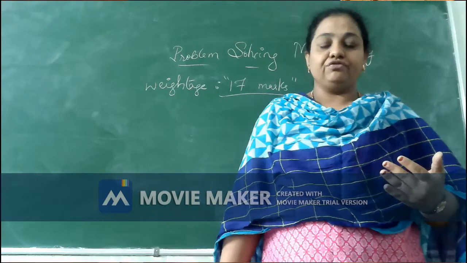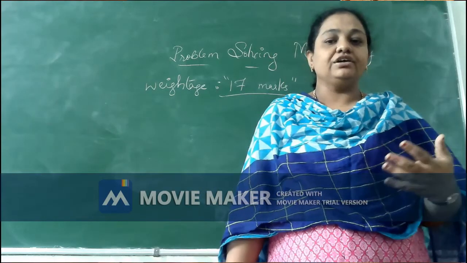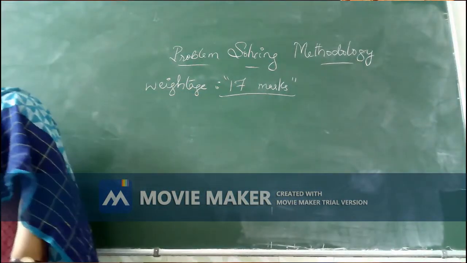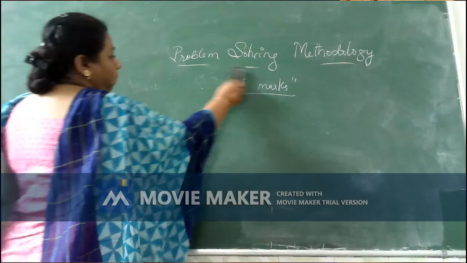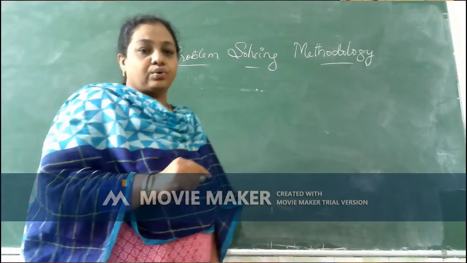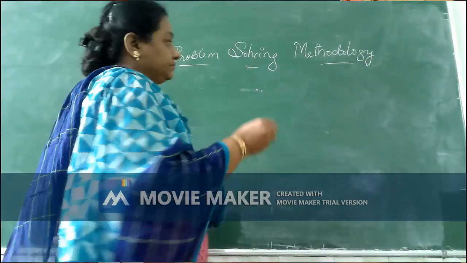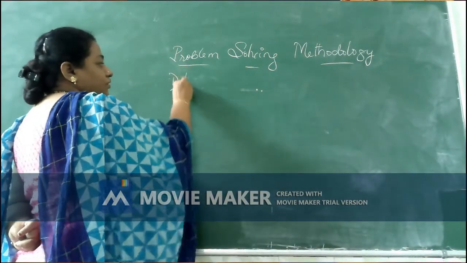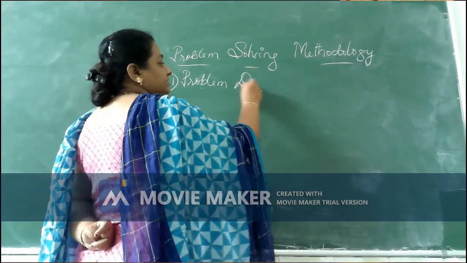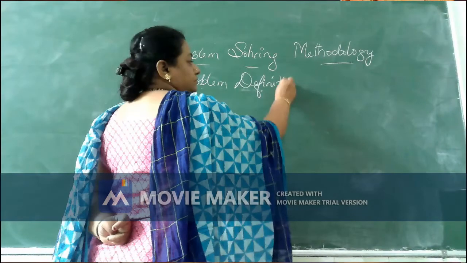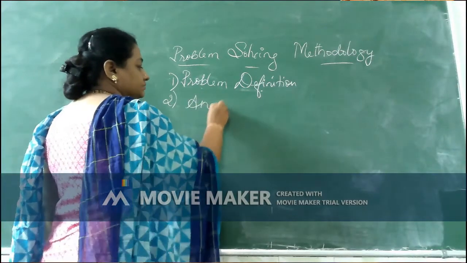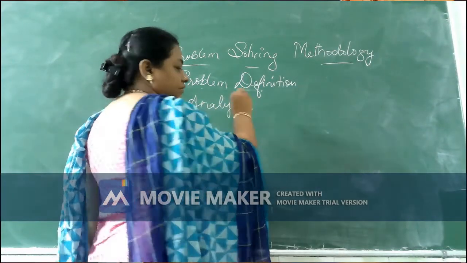So what is problem solving methodology? Problem solving methodology is a series of steps or procedures that are followed to solve a given problem using a computer system. When a problem is given and it has to be solved with the help of a computer, then we follow these steps. Manually, when we are solving a problem, all human beings are gifted with different levels of intelligence, and we use our own intelligence to solve the problem.